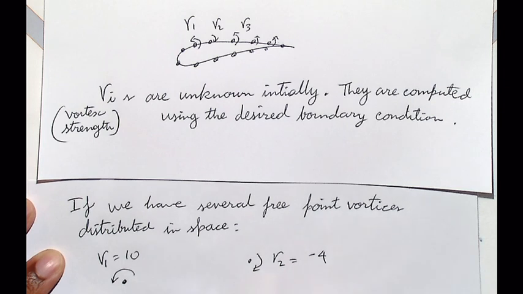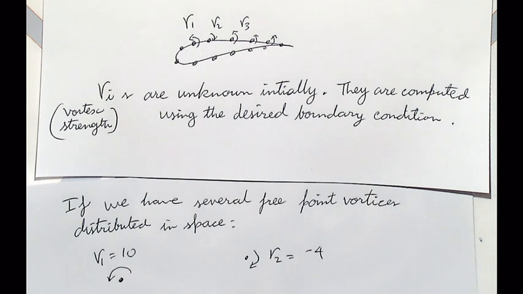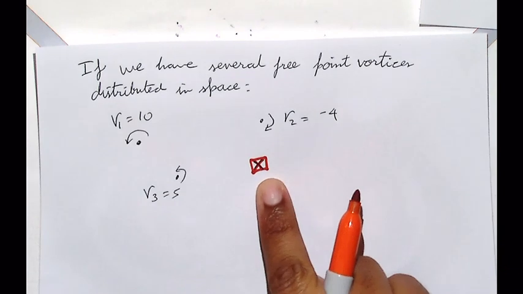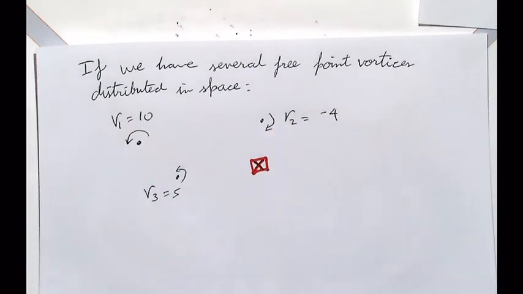And I want to figure out the velocity induced by these point vortices at this location. Okay, at this location, I want to figure out what is the u and v that these individual vortices induce. Okay. So does that make sense, what we're trying to do?